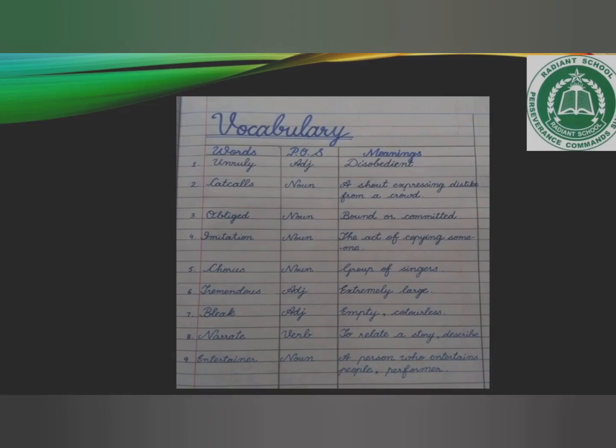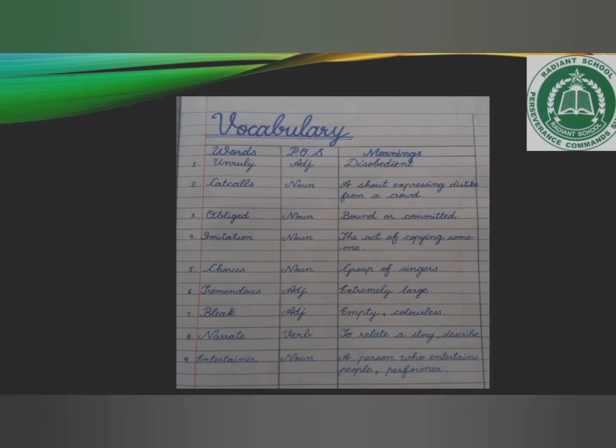Then we will give a main heading, Vocabulary, on the side of the page with a nib cut marker in very neat handwriting and double underline the heading. Now do the proper partition for the words, parts of speech and meanings, and write with a round tip marker: words, parts of speech, meanings.